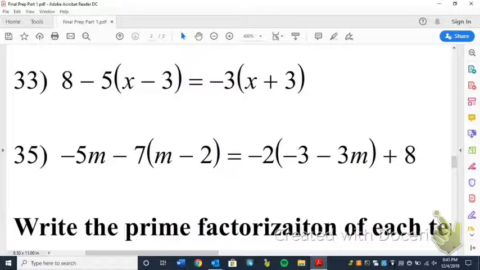So, the first one that we're going to work on is number 33. We've done up to 32 in class. We may have even done 33. I don't quite remember, but here's 33. What I want you guys to do is silently work on number 33 for about 3 or 4 minutes.